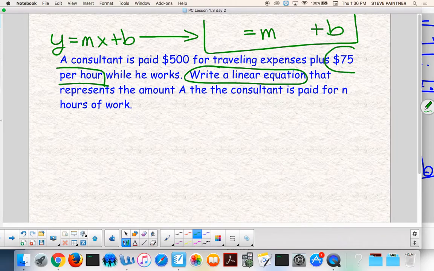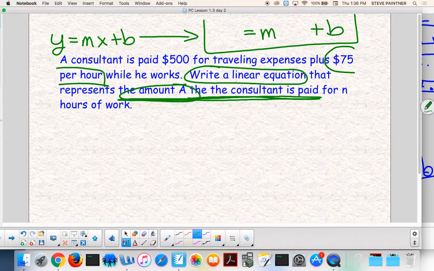Now that sounds like a rate, and to me, a rate is really the slope. Okay, write a linear equation that represents, now watch this guys, because this is why story problems get hard, the amount A the consultant is paid. So A stands for what you get paid.